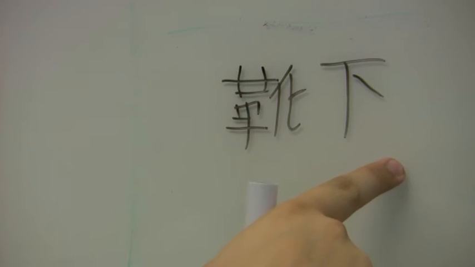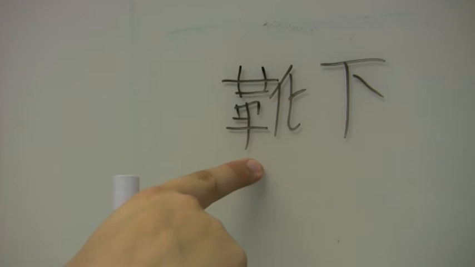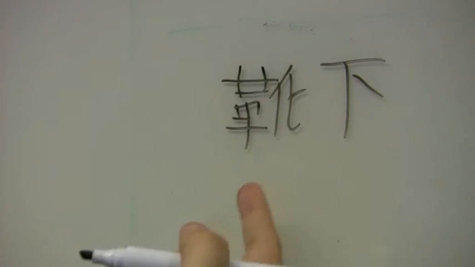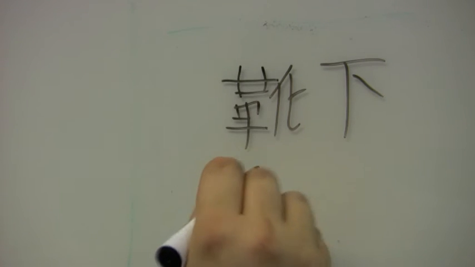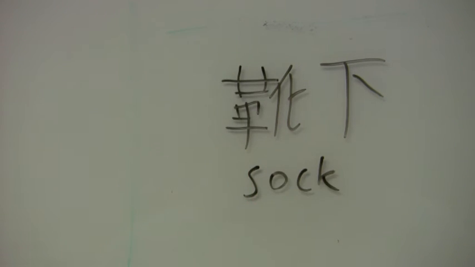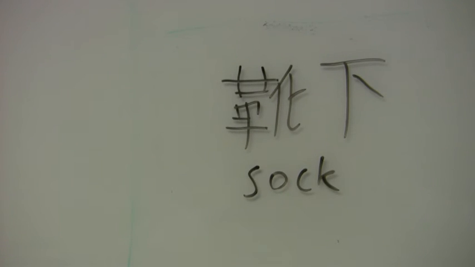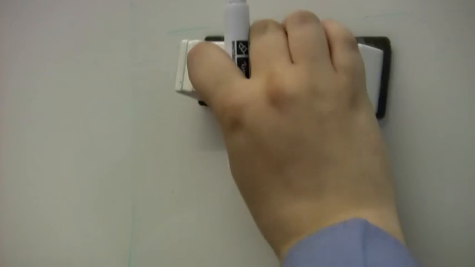Kutsu shita. Kutsu means shoe, and shita means under. And what does this compound mean? Socks, because socks are under your shoes. Get it? I like that one.